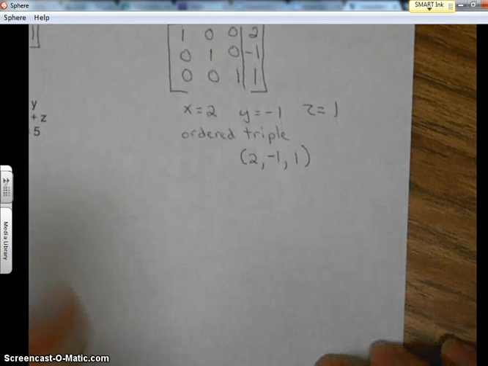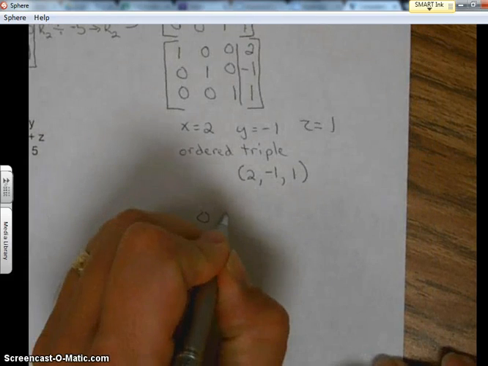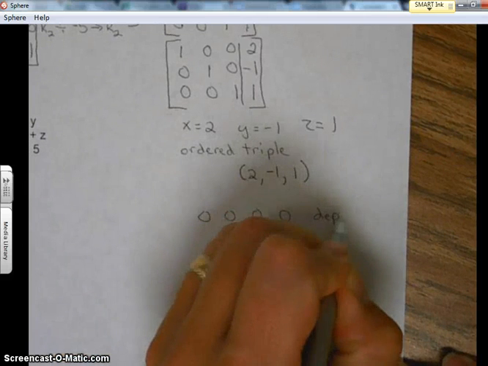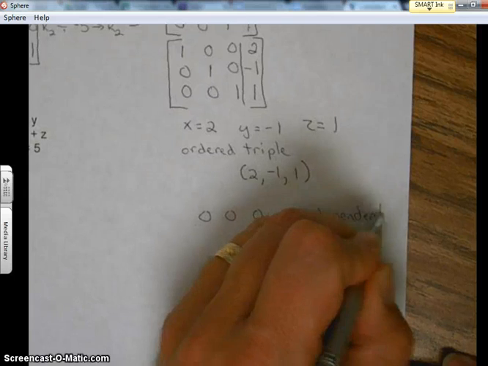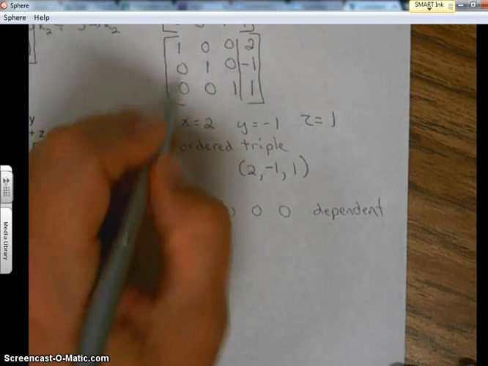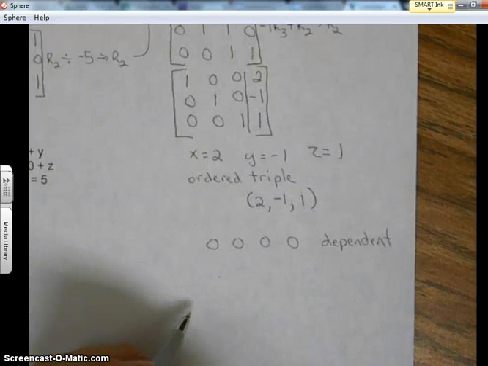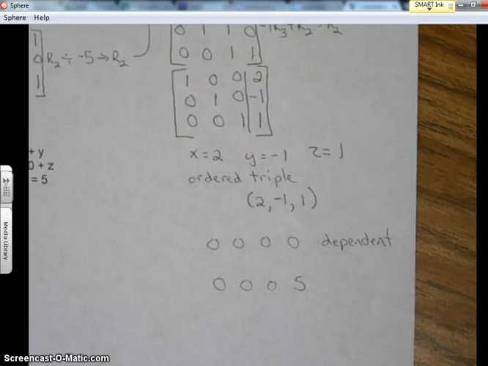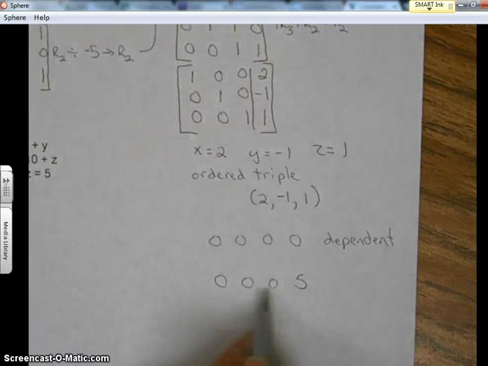We know that if we get zeros all the way across, it's dependent. But if on any of the rows you get, for example, 3 zeros, but then some number over here, notice there's no 1.